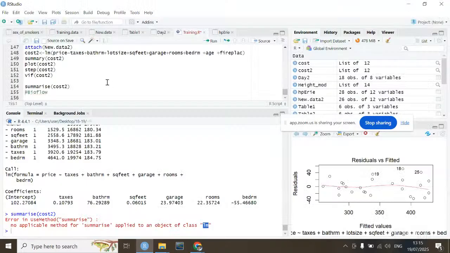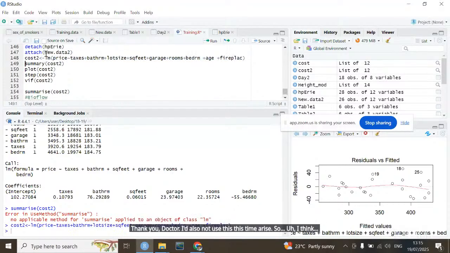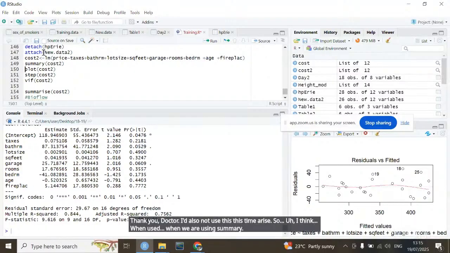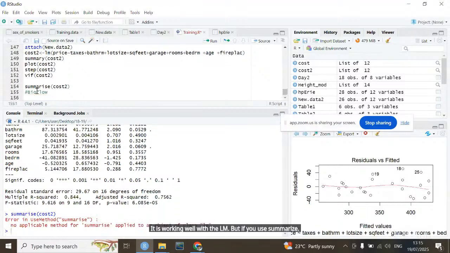Thank you, Doctor. I also did not use this summarize. So I think when you are using summary, it works well with the LM, but if you use summarize, it is not coming. So let me see if what I'm thinking is actually going to work.